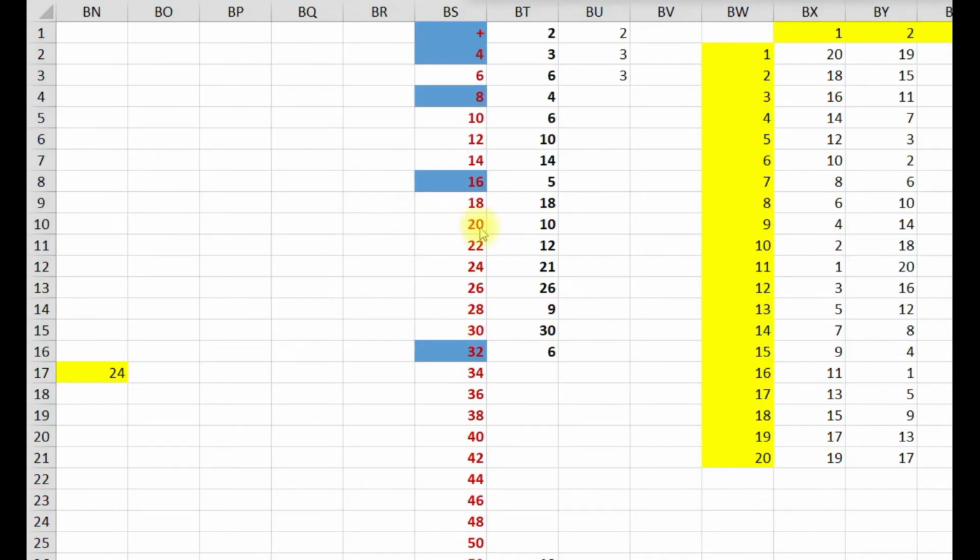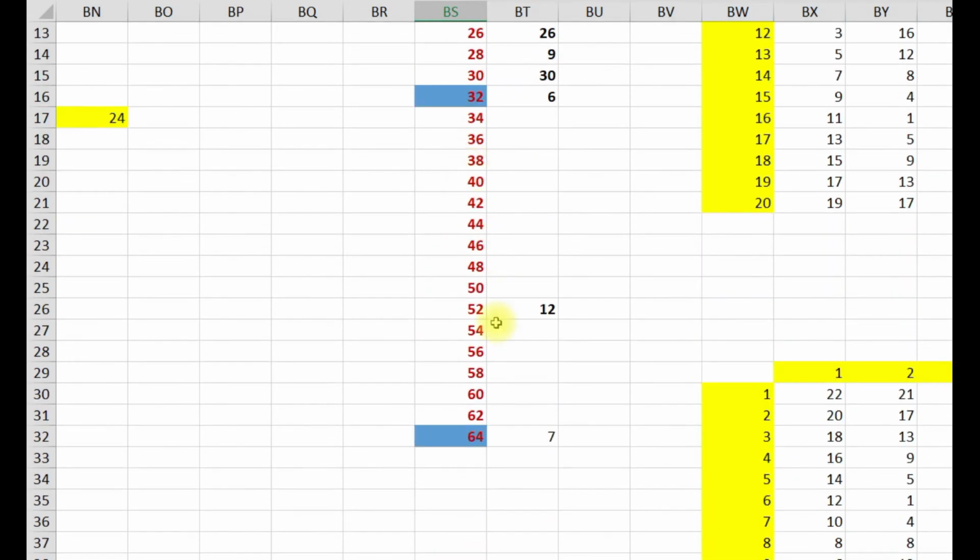Now here I'm showing you on a spreadsheet. This is the number of cards that I start with. It's 2, 4, etc. Now, the cells that are highlighted in blue are the cells which are powers of 2, including this one.